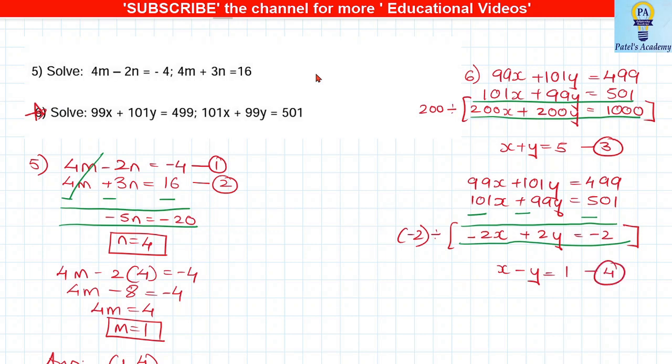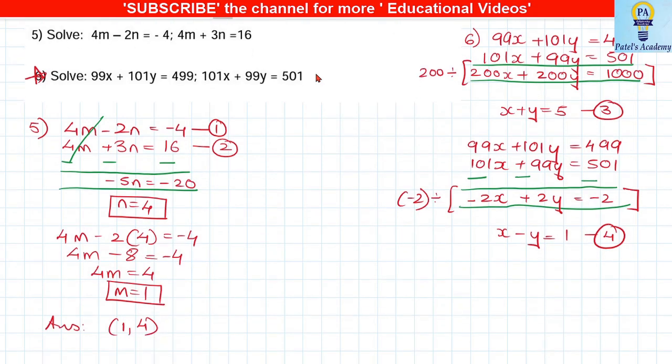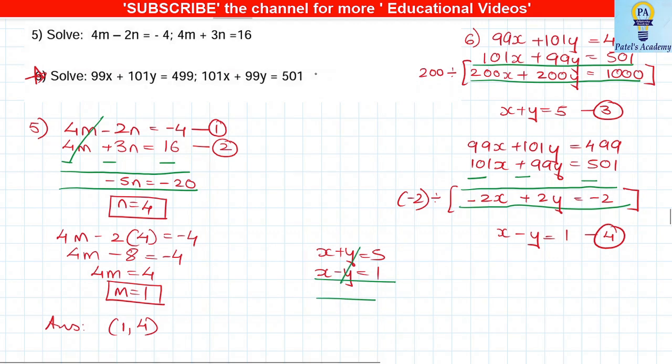1. So now what we have to do is simply solve equations 3 and 4. That is quite easy. We just add equations 3 and 4. Equation 3 is x plus y equals 5, and x minus y equals 1. When I add these, the y term will cancel: 2x equals 6, x equals 3.